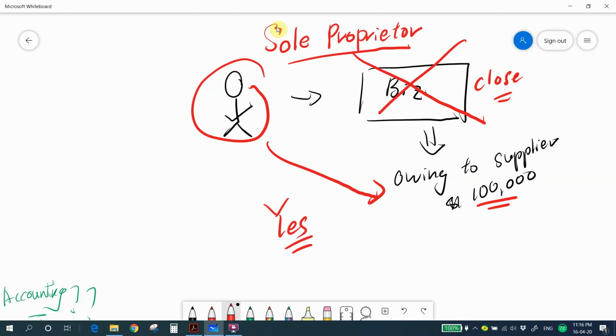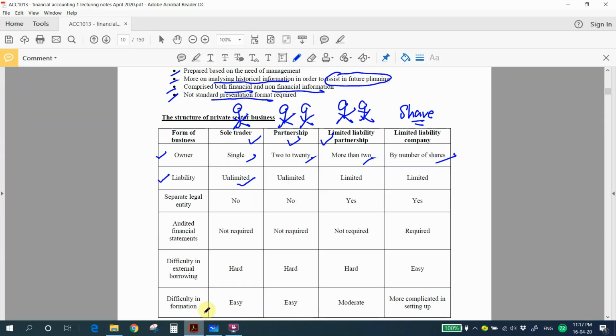Why? Because under the sole proprietorship format, your liability is unlimited. It means that all the losses or all the debts incurred by the company, the owner is required to pay. That's why we say that for sole trader, you have unlimited liability.